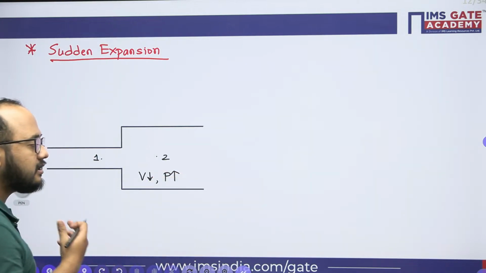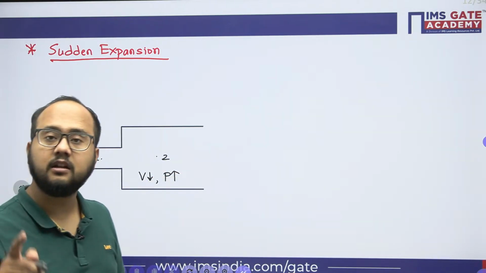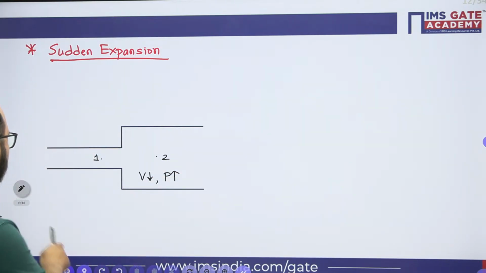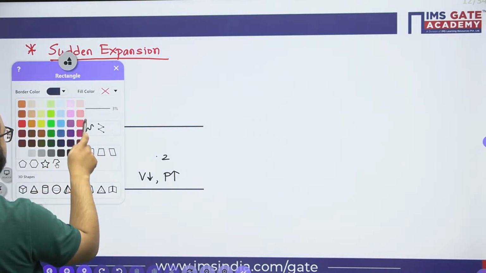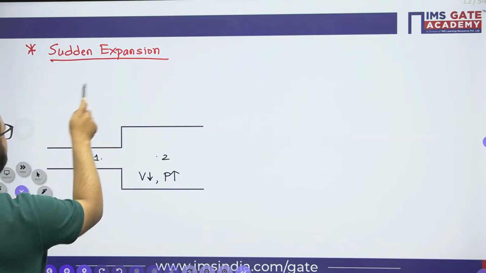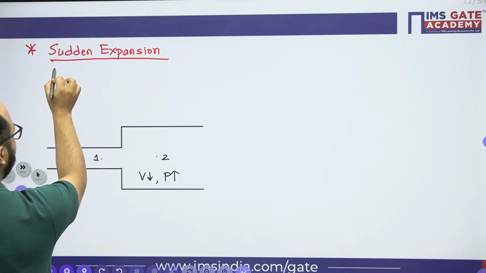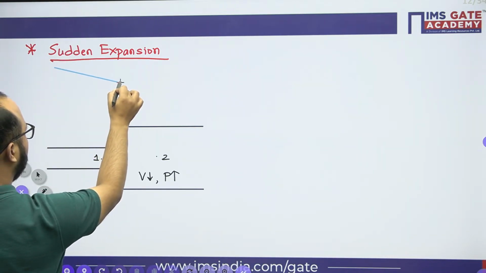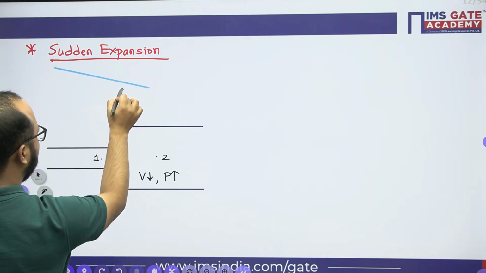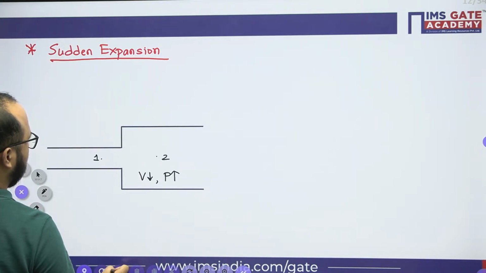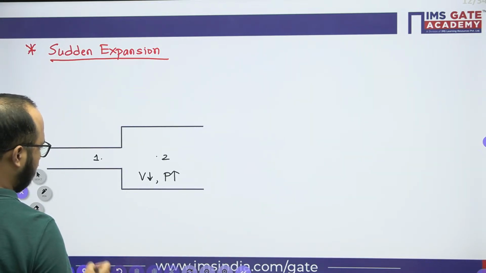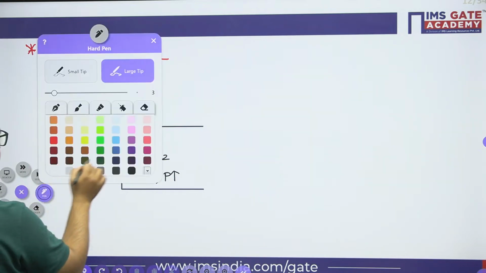Now, if the pressure is going to increase, HGL will rise, right? So now I will just draw the lines here. First of all, TEL.